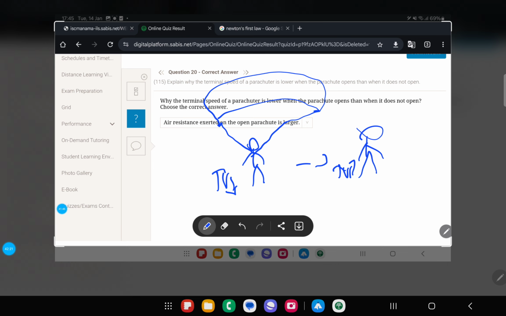Now, obviously, because there's air resistance now acting on the skydiver. Air resistance is affecting it, so the skydiver is decreasing its speed, which is decelerating. And when it decelerates, that's not terminal velocity. Terminal velocity is when it's constant velocity. And here, the skydiver is in constant velocity before you open the parachute.